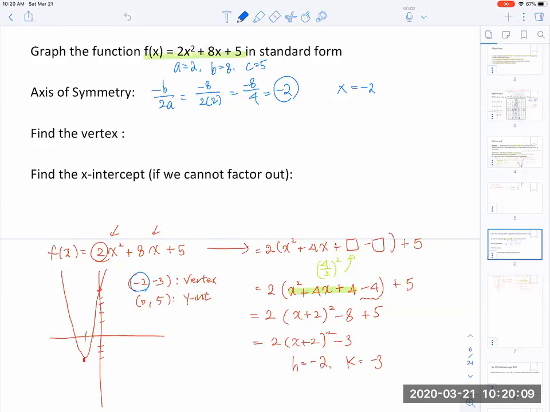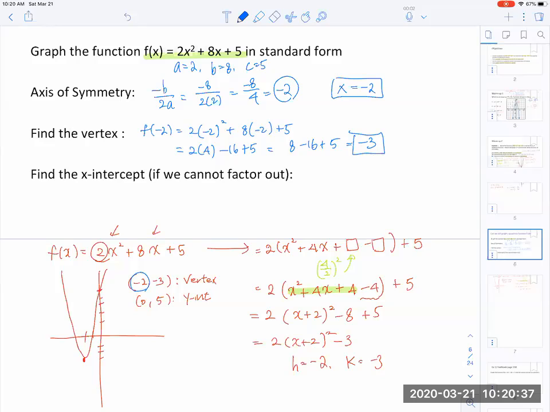Now I still want to find the k, right? So you plug this into your function. It's going to be 2 times 4, minus 16, plus 5, 8 minus 16 is -8, plus 5 is -3. So we have exactly (-2, -3).